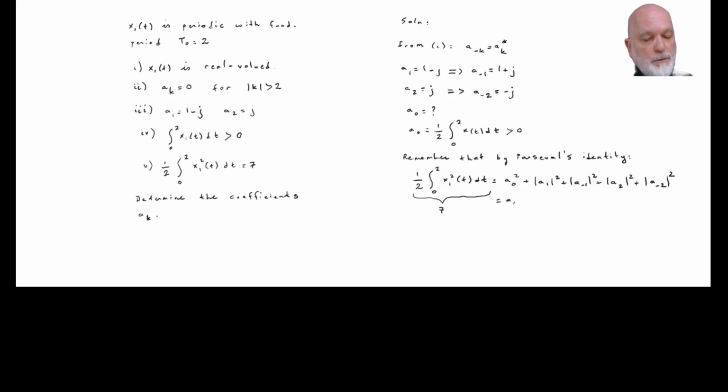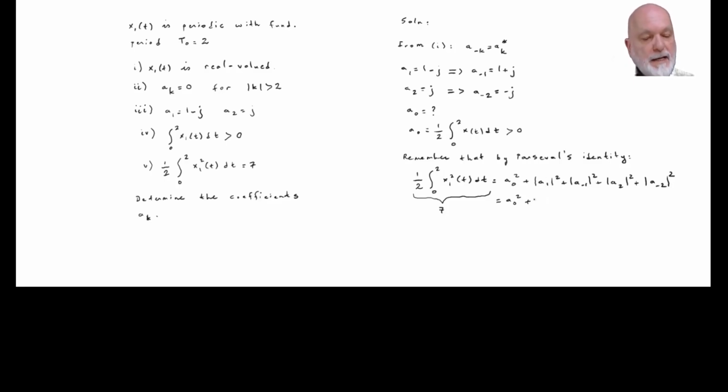Therefore, this is equal to a0 squared plus, now a1 is 1 minus j. So what is the magnitude of a1? It is the real part squared plus the imaginary part squared, square root. But we have also the square here.